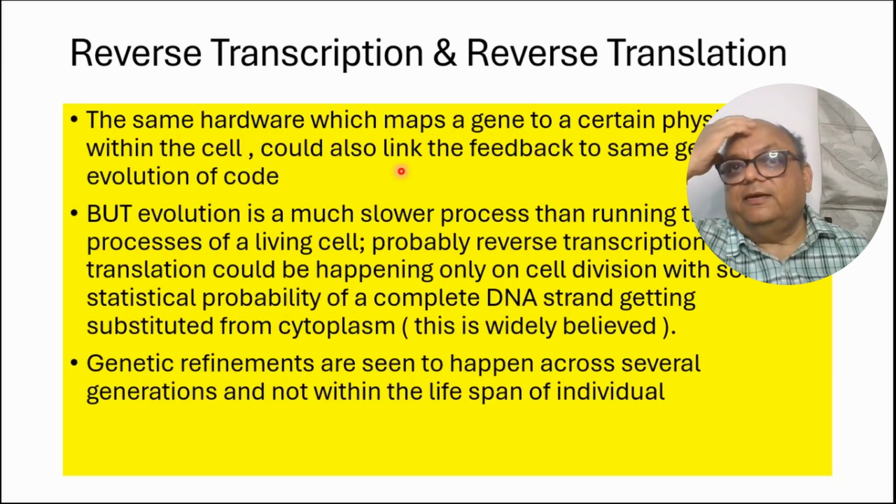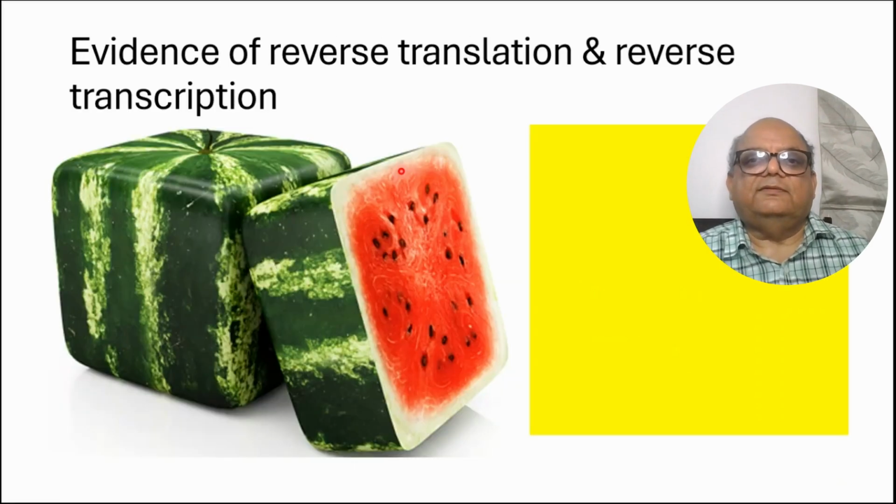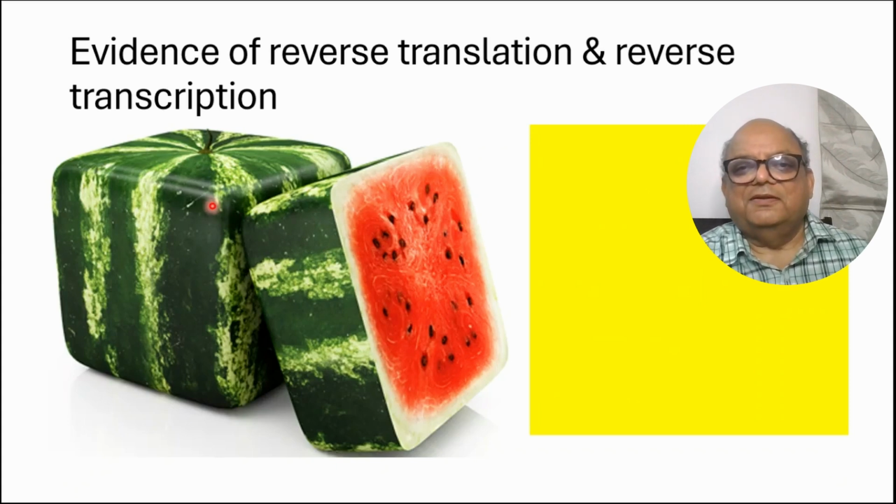Some examples: Japanese are able to make the watermelon cuboidal so that they can store it on the shelf of a refrigerator with good space utilization. What they did was pack these fruits while they were growing into wooden cages, into boxes.